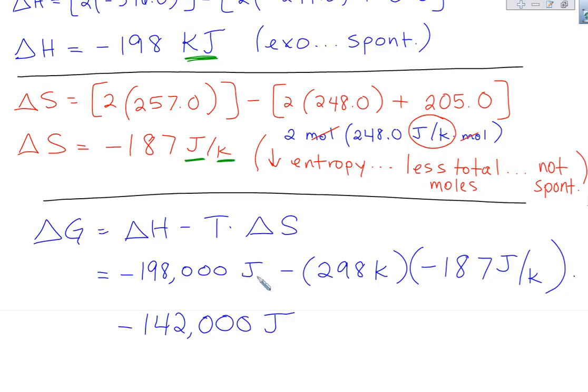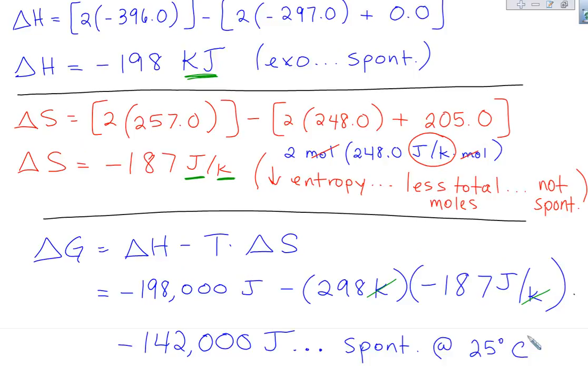This is joules minus kelvins are going to cancel. So it's joules minus joules. So in this case, your final answer would be joules. Or you could have switched them both to kilojoules. So in the end, at this temperature, yes, we are spontaneous at 25 degrees Celsius.